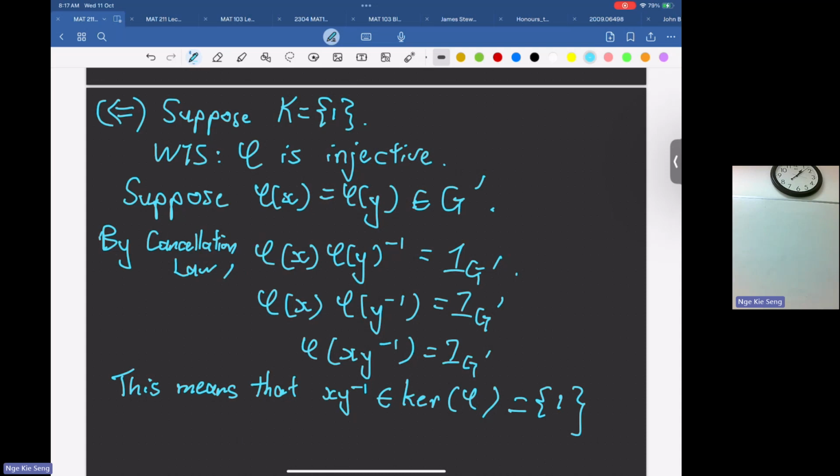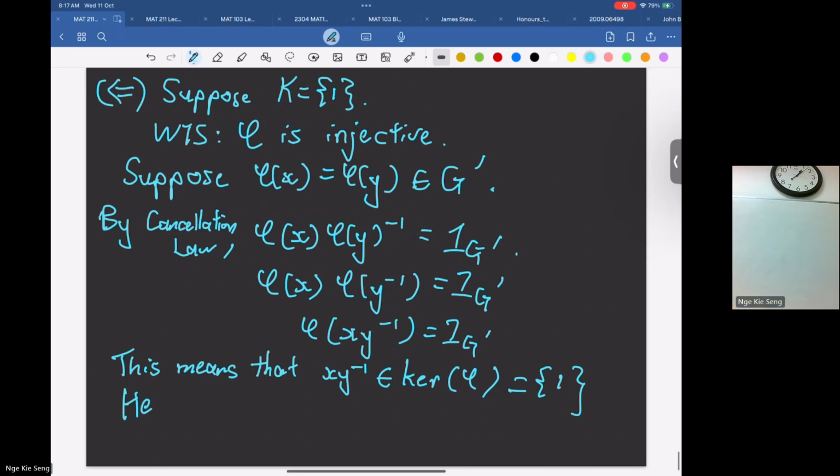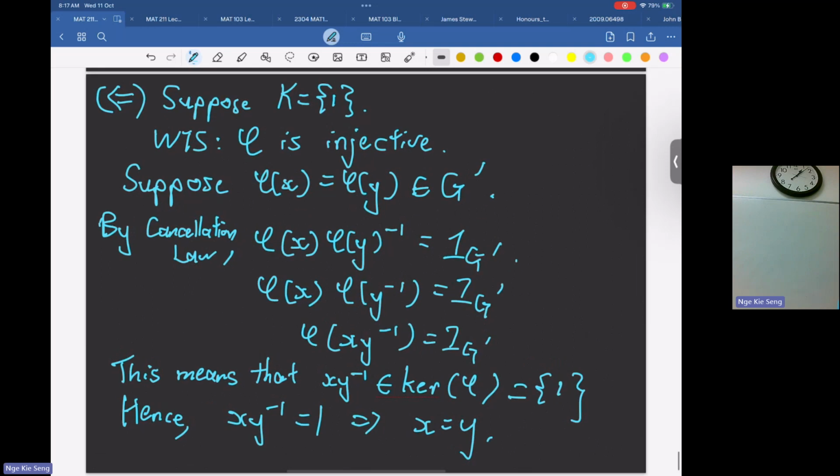It has to equal 1. Hence x y inverse equals 1, which means x equals y. Typically, an algebraic proof is more about structure, so you need to play around with structure.